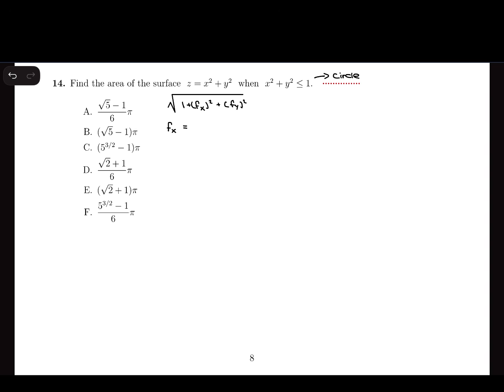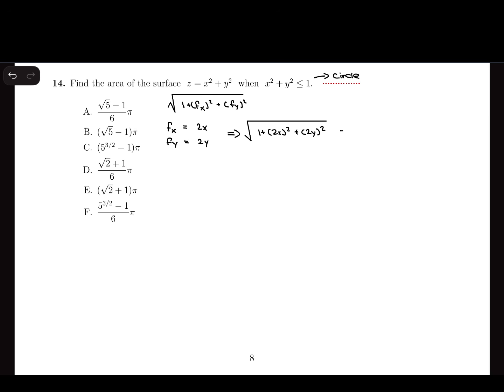In this case, that'll just be 2x. And for y, same deal, 2y. Okay, so let's put this in. When we substitute all these values in, you get 1 plus 2x squared plus 2y squared.